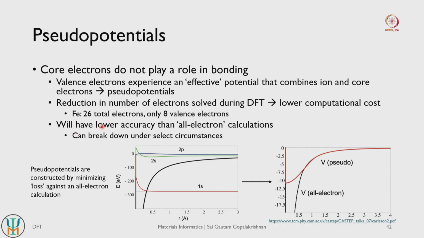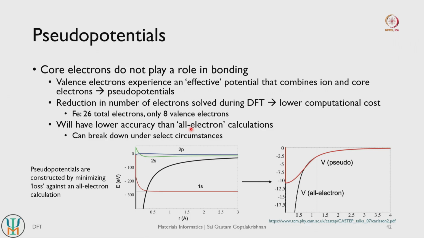But having said that, whenever you use a pseudo potential, you are guaranteed to have a lower accuracy than an all electron calculation, right. And this is simply because you are reducing the number of degrees of freedom that are available for your system. So initially your system had 26 electrons that it can distribute the way it wants, your iron atom. Now it only has 8 electrons that it can distribute the way it wants.